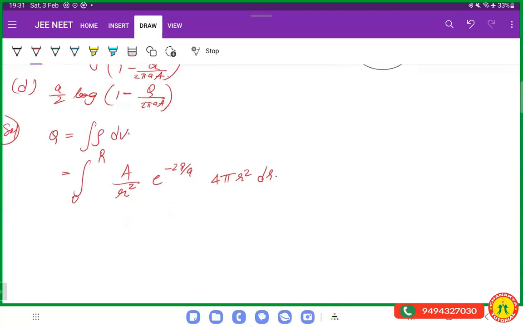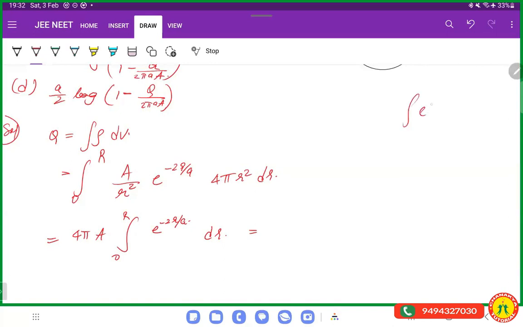So integration with respect to r: 4 pi A integration from 0 to r of e to the power minus 2r by a dr. It will give the same e to the power, divided by that constant.